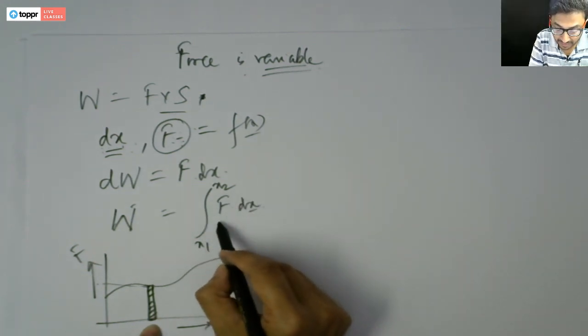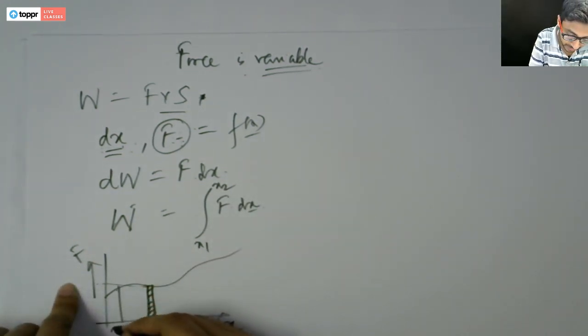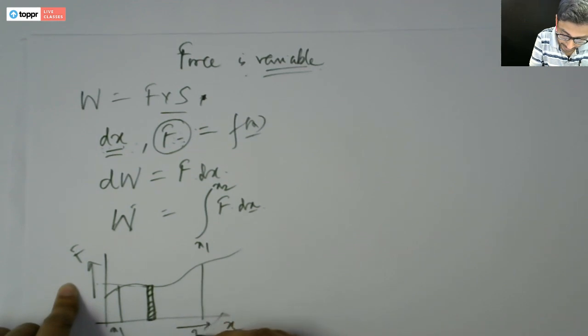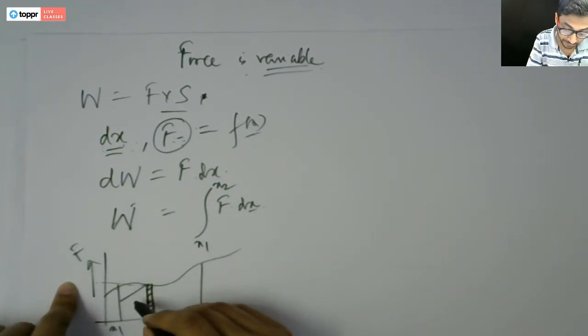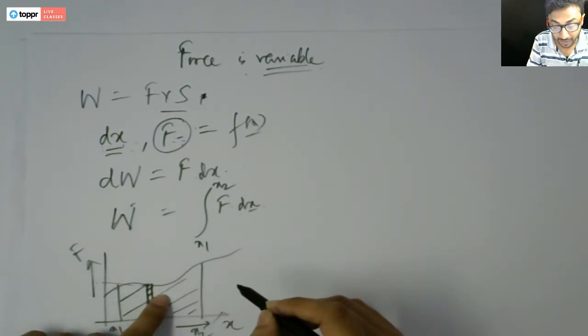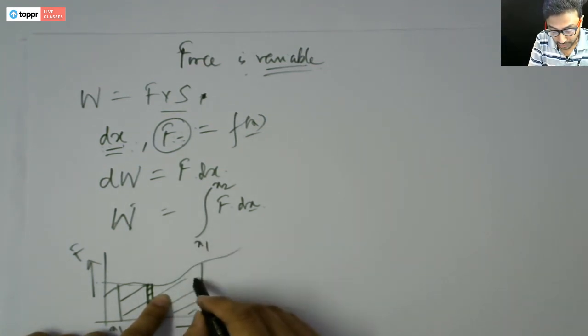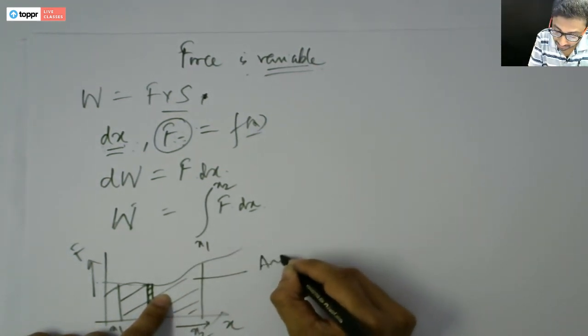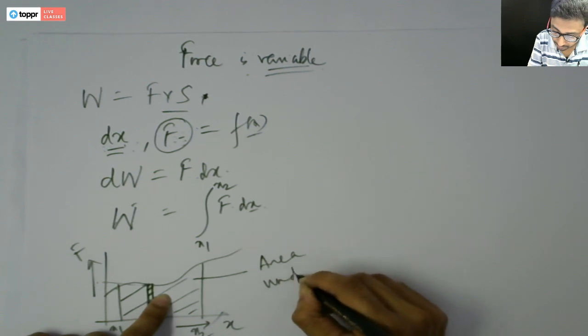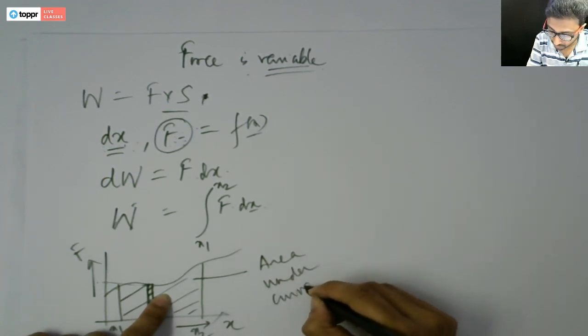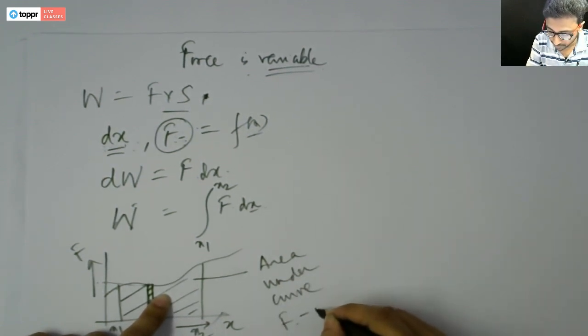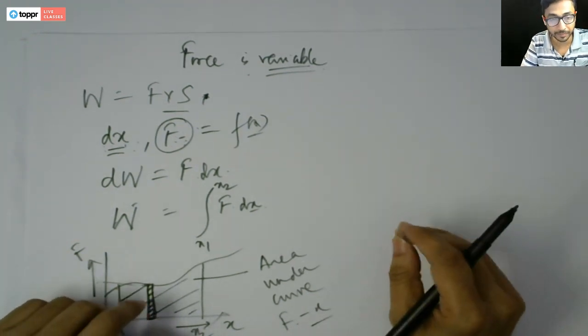So when we integrate it from x1 to x2, we are actually finding the area under the curve. So work done is the area under the curve of force against displacement.